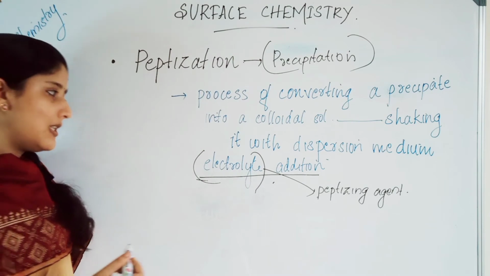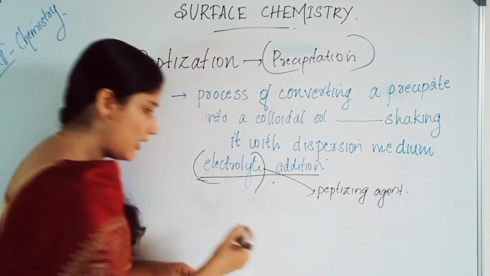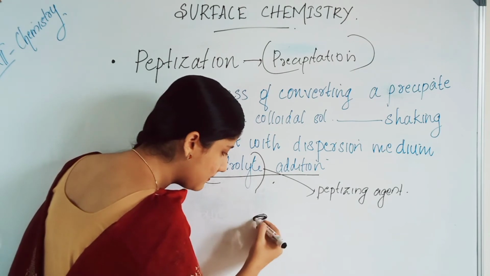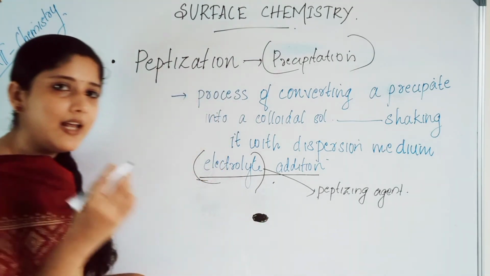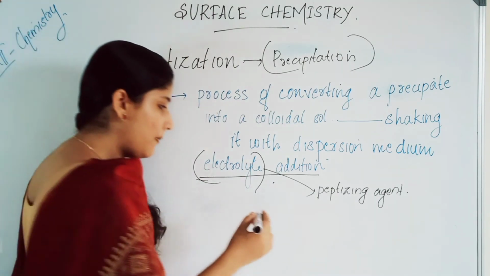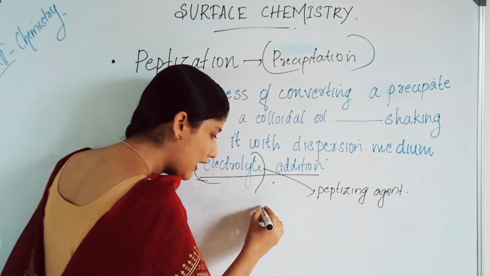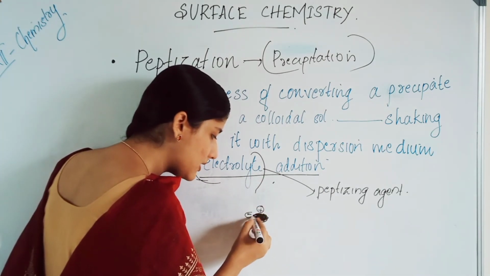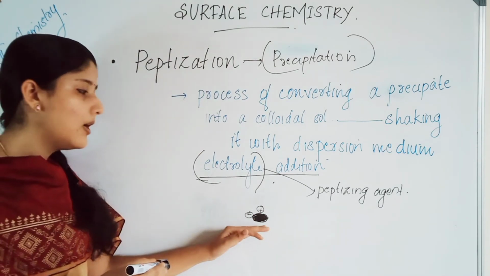What happens when we add the electrolyte to the precipitate, which has a bigger particle size? Some of the ions from the electrolyte attach to the surface of the precipitate.